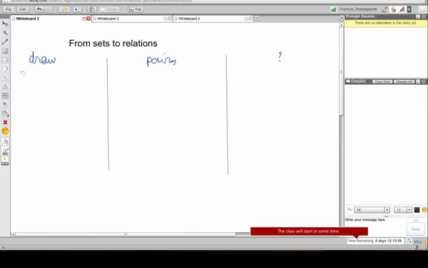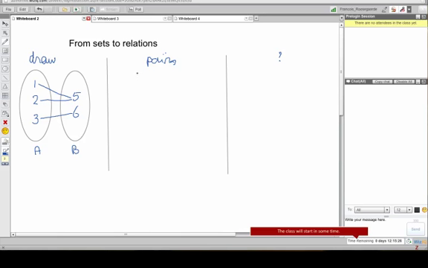To draw relations, it's really very easy. I have two sets, set A and set B, with the elements 1, 2, 3 and the elements 5 and 6. For instance, I can say 1 has a relationship with 5, 2 has a relationship with 5, and 3 has a relationship with 6.